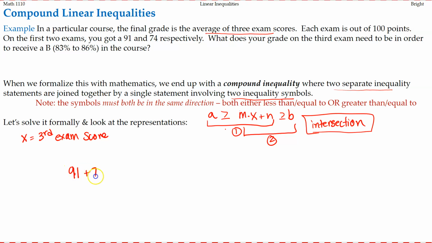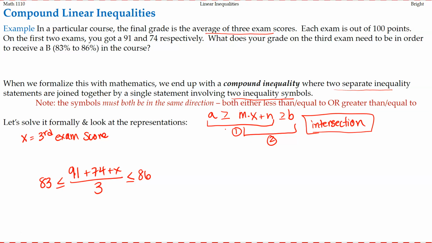So 91 plus 74 plus x, and you divide that by 3. Now you're shooting for a B in the class, so what you want is this to be between 83 and, less than or equal to, 86, so somewhere in there. Now, to solve this, again, you could split it into 2, find the intersection, great.